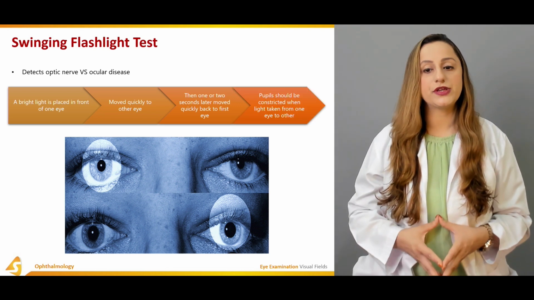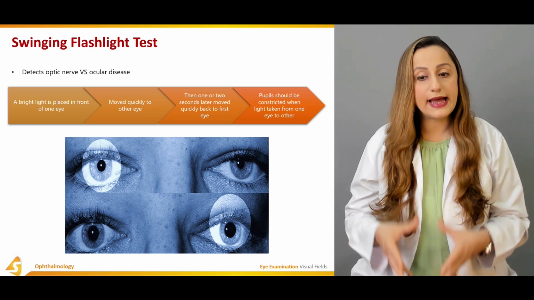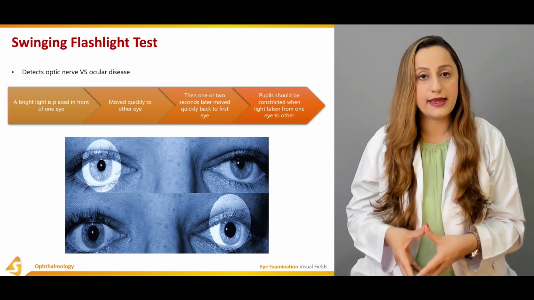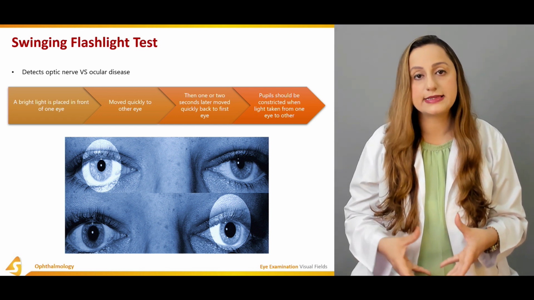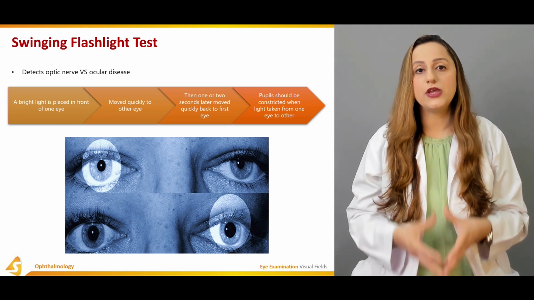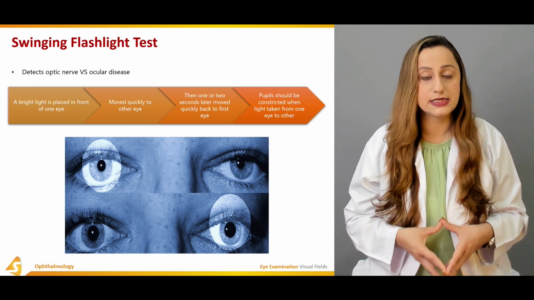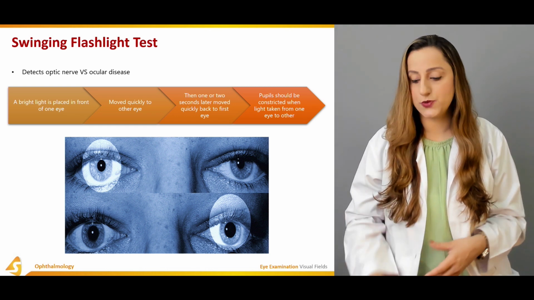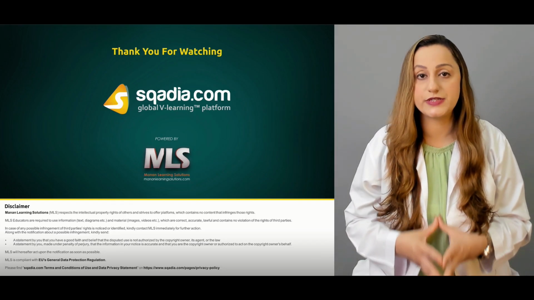And what happens over here is that the pupils should be constricted when the light is taken from one eye to the other. So this is the swinging light reflex that is usually performed in the patient, and it is for the differentiation of ocular diseases from the optic nerve diseases that are usually present. Through these pupillary responses, we can differentiate between these two groups of diseases.